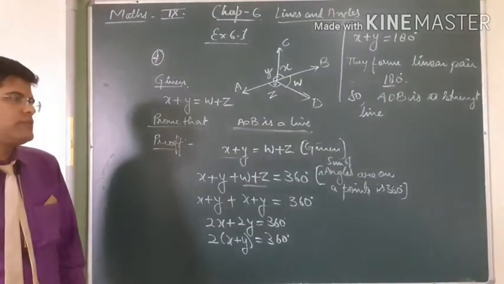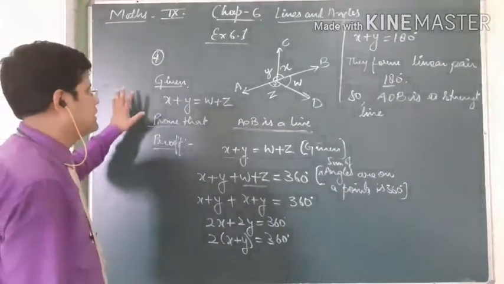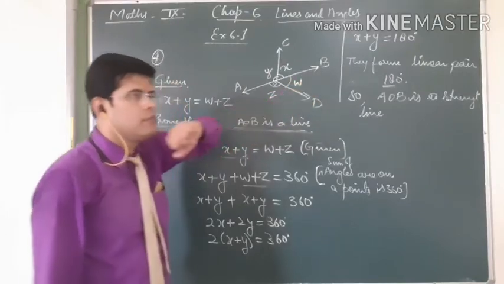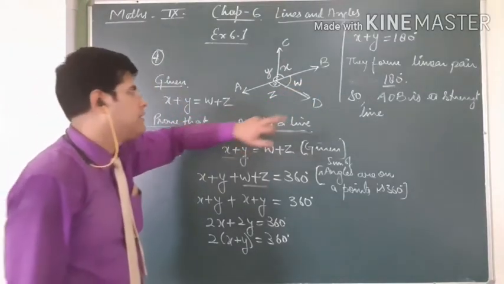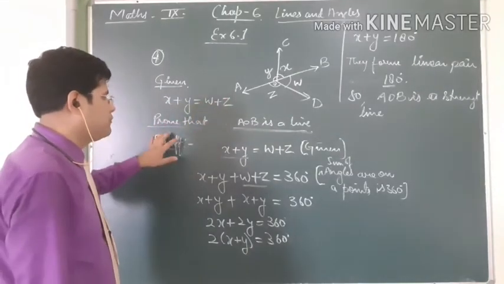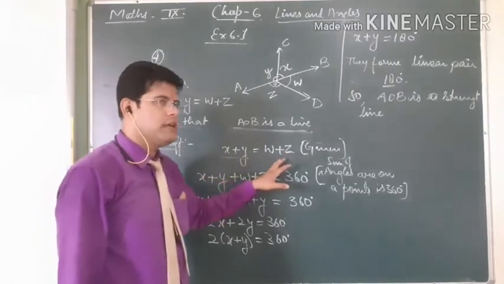So AOB is a straight line. So I am going to revise it again. What this sum says to you: x plus y is equal to w plus z. We have to say that AOB is a line. Prove that AOB is a line. Here is the proof: x plus y equal to w plus z is given.